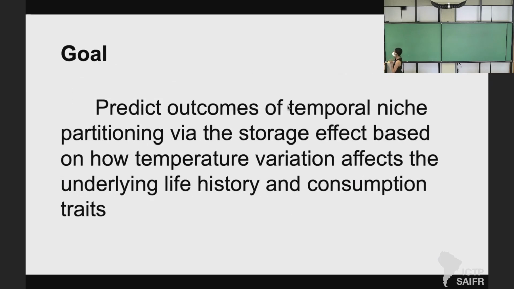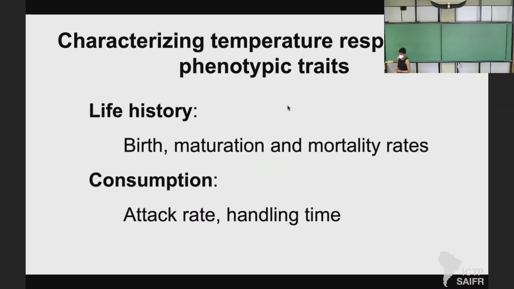So the thing is now our goal is to predict the outcomes of temporal niche partitioning via the storage effect based on how temperature variation affects the underlying life history and consumption traits. And life history traits are birth, maturation and mortality. Consumption traits are attack rates and handling times.